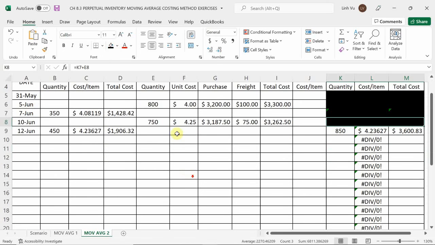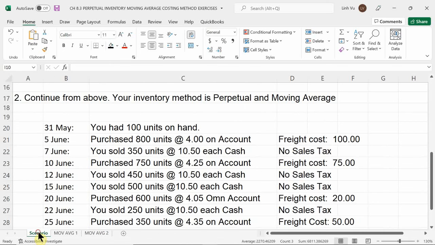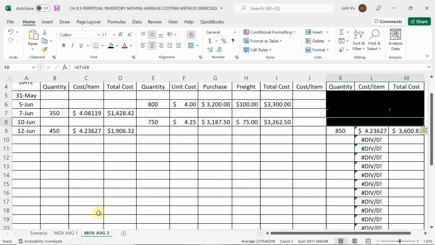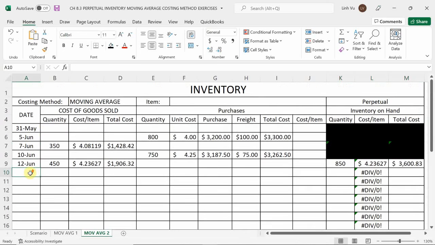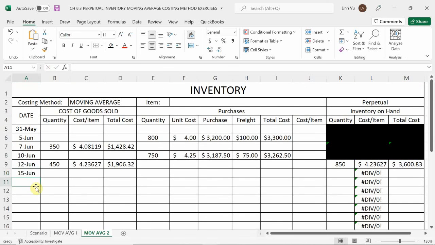Okay, so let's see what then happened next. You end up selling on June 15 another 500 units at $4.2362. Okay?